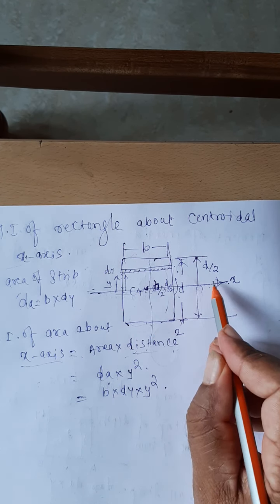So the moment of inertia of the whole rectangle about the x-axis is equal to the integral from d by 2 to minus d by 2 of b into y square into dy.